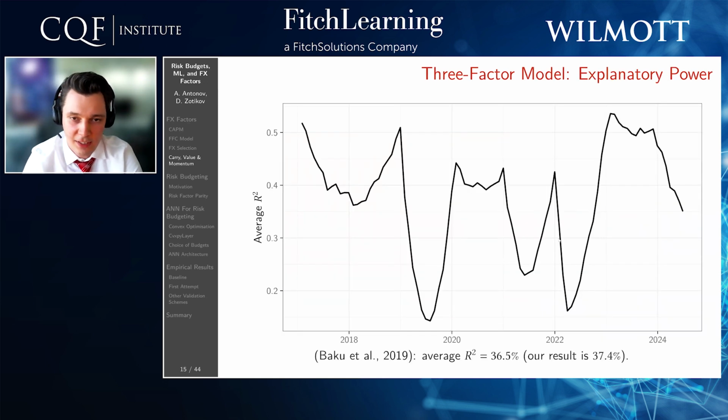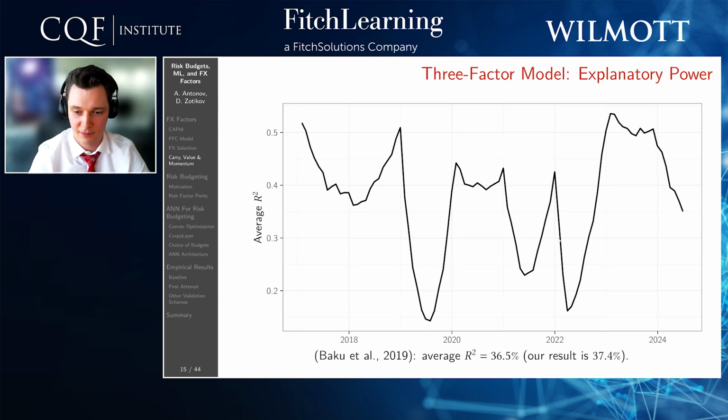And now perhaps the most interesting part related to the explanatory power of the three-factor model. We are reporting an average R-squared of close to 37%, which is roughly the same as the average R-squared over the previous interval as reported by Baku and co-authors for the period prior to 2019.